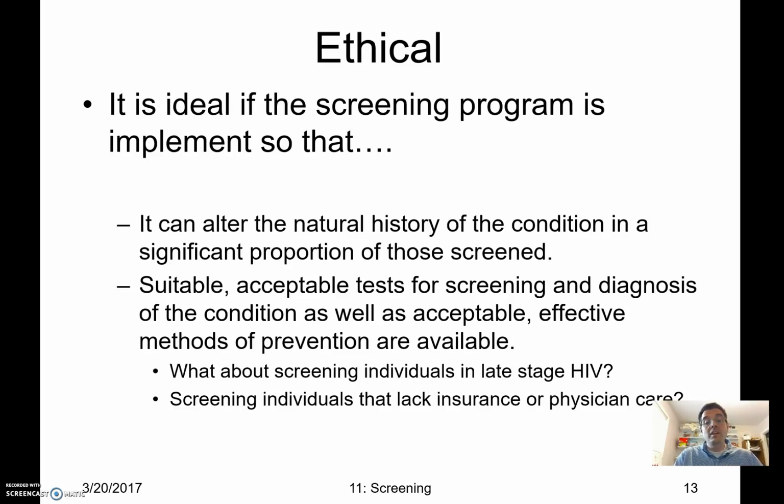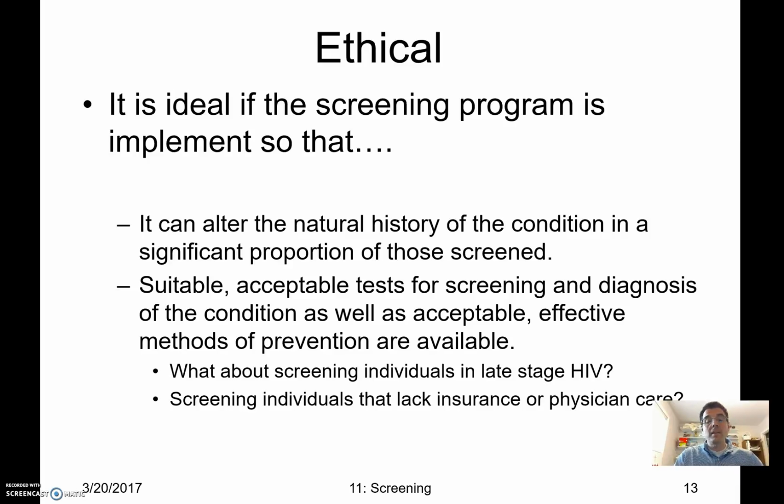So I give you some things to think about. What about screening individuals in late stage HIV that have already begun to progress to AIDS? Having a screening test early in the viral replication process phase or stage allows for change of prognosis, but at late stage it may be not ethical to implement or to have a screening test such as that.